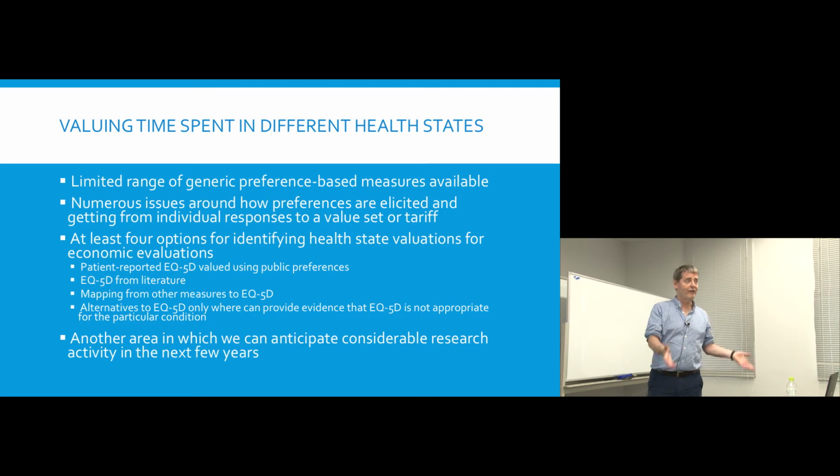And if you've done a survey that's valued 89 of them, you've got to get from the 89 health states to the 3,125 health states. And so there are issues there. Essentially, you model it and then make a prediction. But that's got its own challenges.